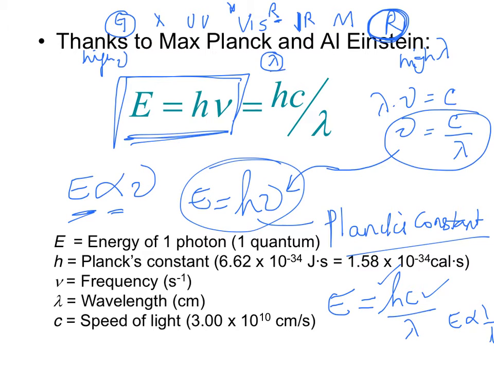So if your wavelength is high, that would mean that the energy is going to be low. What does that tell you? That means radio, micro, as well as infrared are low energy radiation. And that's an important point. The reason being, I'm not trying to reinvent the wheel and go over what you already know from Gen Chem 1, but we want to now apply the infrared spectroscopy, the irradiation of any organic molecule with IR, and see what happens.